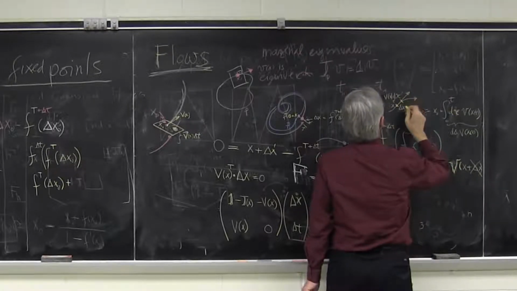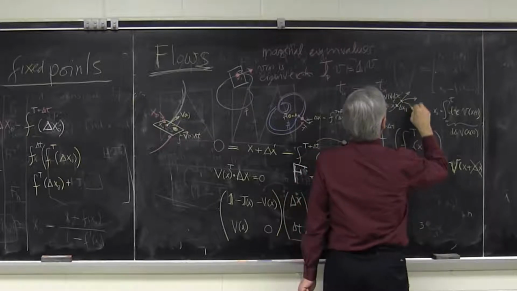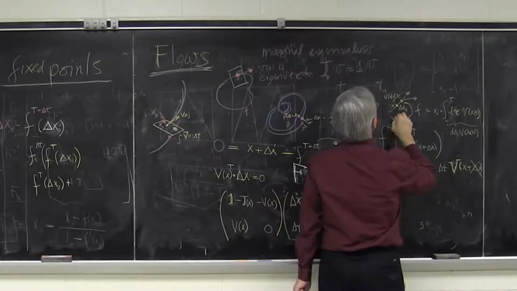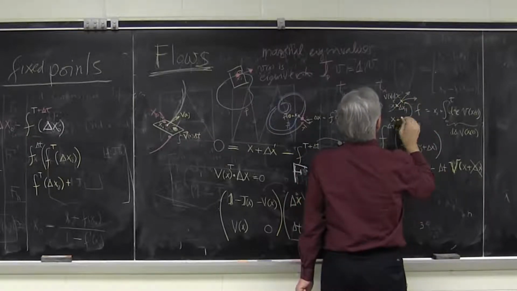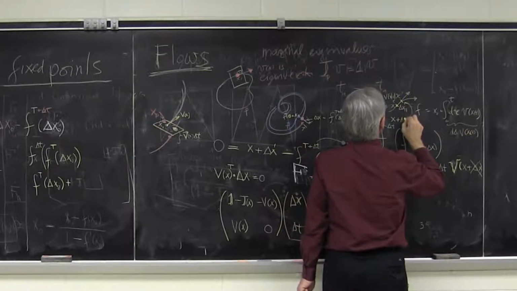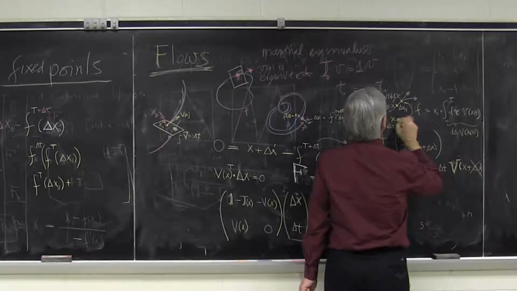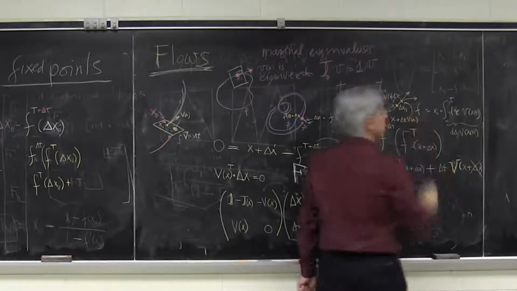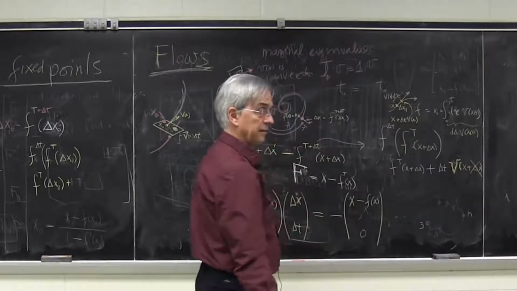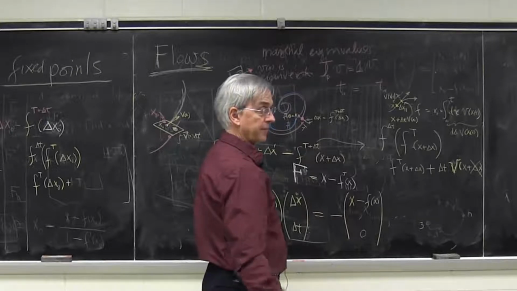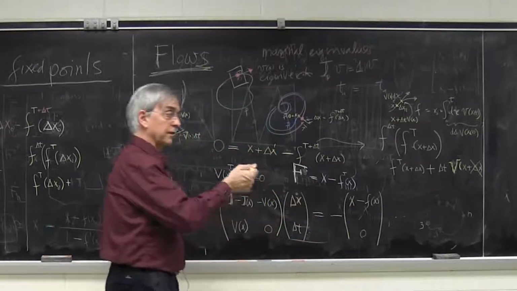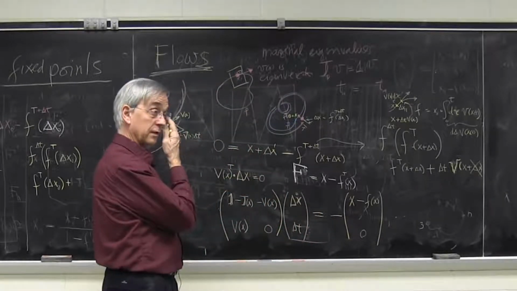So when I get here, this point is my original point x plus delta t times the velocity at x, to the linear order, to the leading order, right? So that's what integration along the trajectory does for short order.